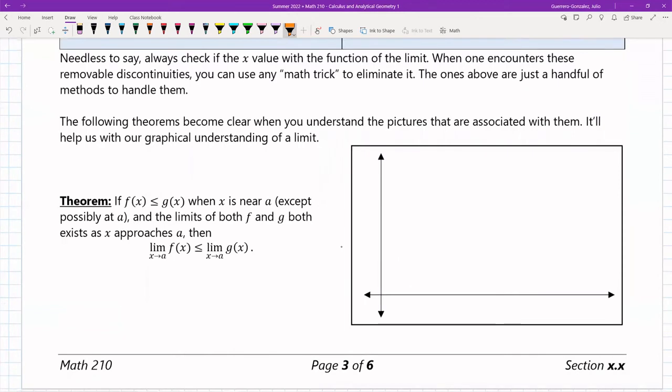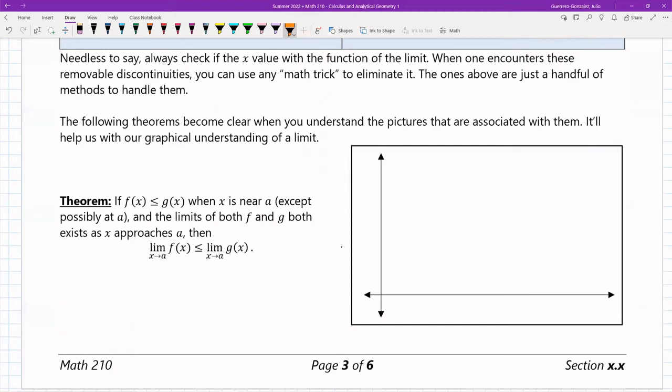Now that we have a good working method for how to solve limits, let's get into some theorems for limits. A little heavier ones. The first one is basically preserving the order of a limit.